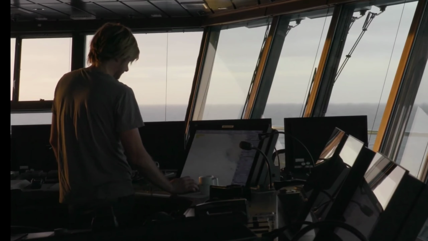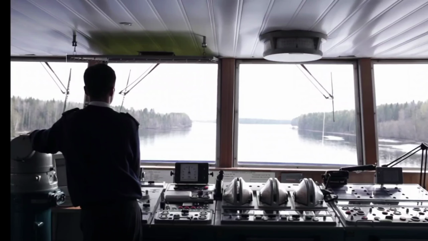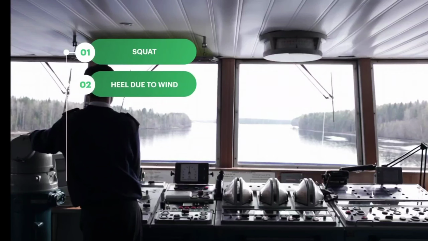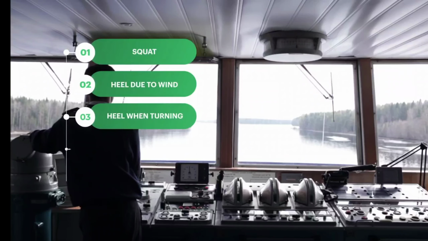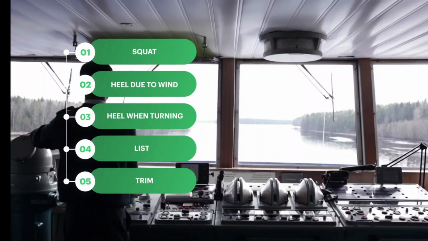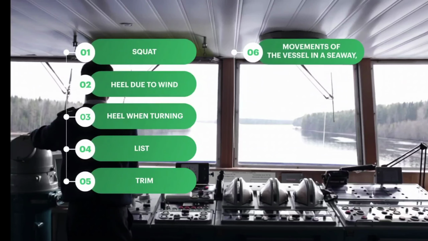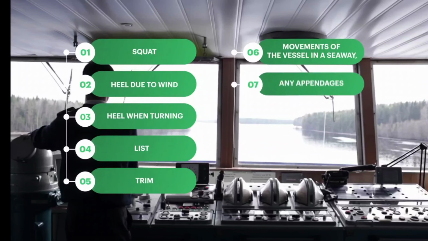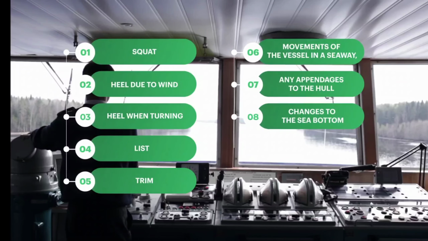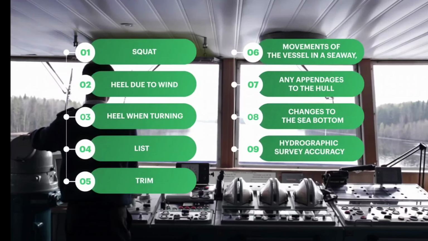When calculating the UKC, the navigator shall take into account the effects of squat, heel due to wind, heel when turning, list, trim, movements of the vessel in a seaway, any appendages to the hull, changes to the sea bottom such as sandbanks, and hydrographic survey accuracy.